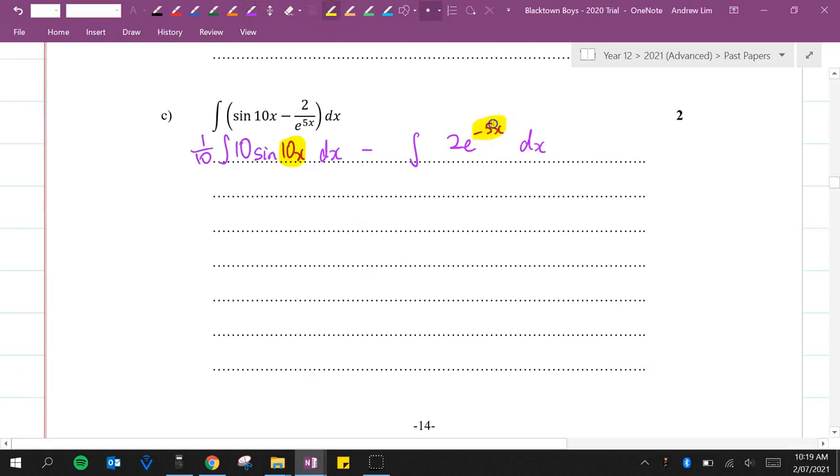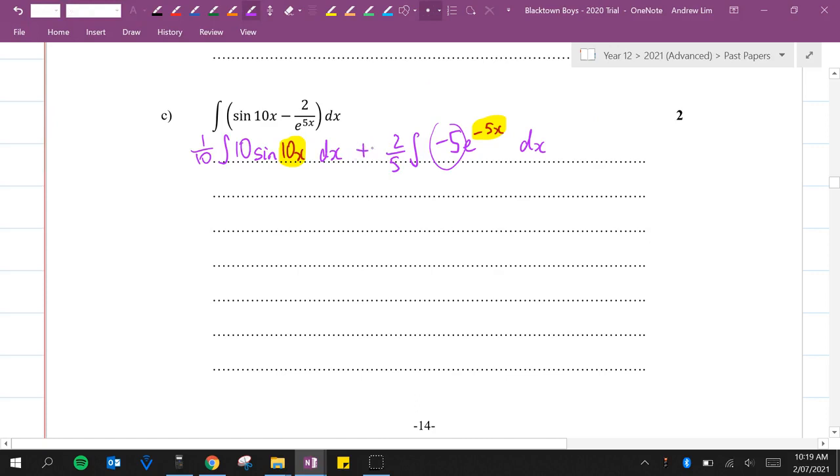We've got minus 5x there, so I really want a minus 5 in front of that. We want it to be a 2, right? We want whatever this is times this to equal 2. So that means this has to be a negative 2 over 5, because negative 2 over 5 times negative 5 equals a positive 2, which was what that was. So this minus minus here just becomes a plus.